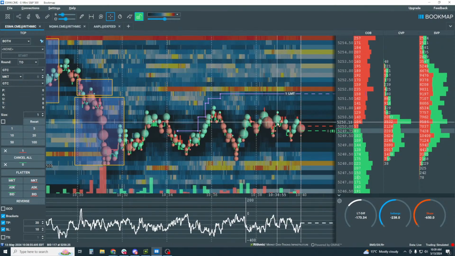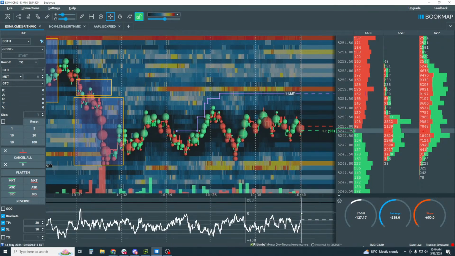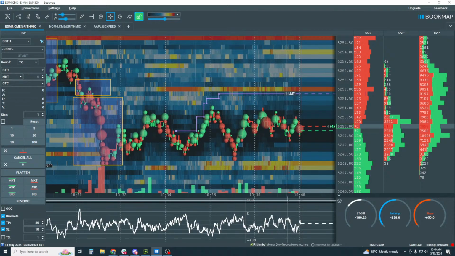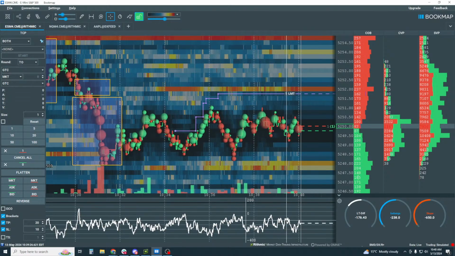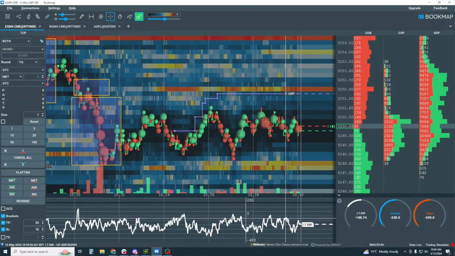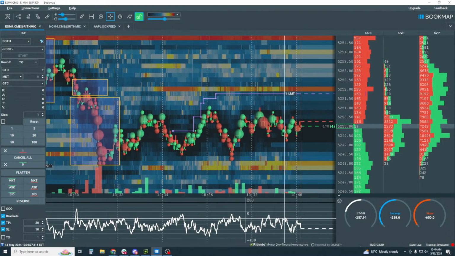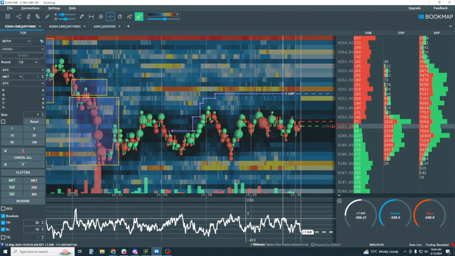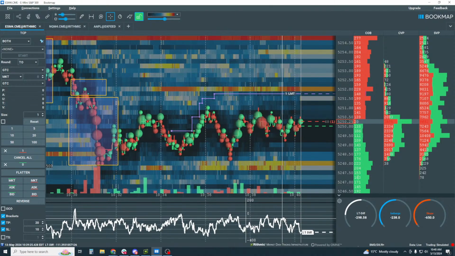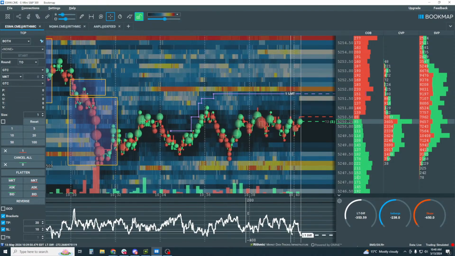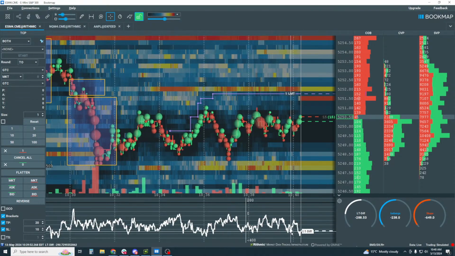All right, so we can start to see that up here, liquidity is, if we hover over it here, the difference is negative 111, and here is negative 290.